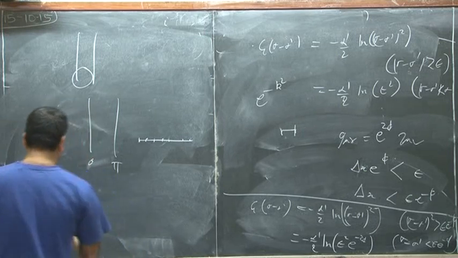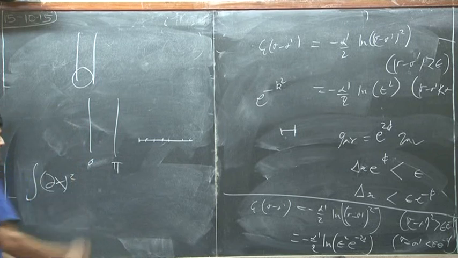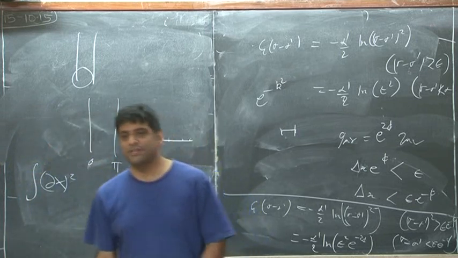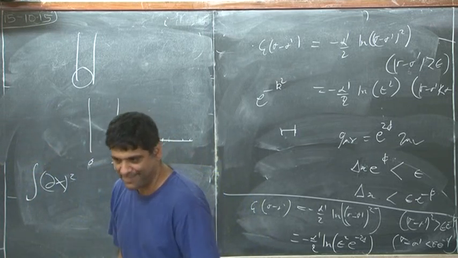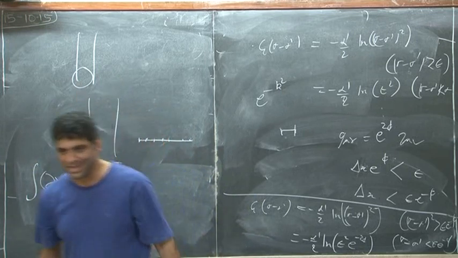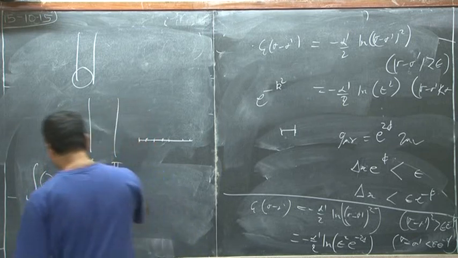That's very easy to do because you see what was our action? Our action was this, and in order to get the equation of motion, we needed to integrate by parts. We've got a boundary in the sigma direction, so it's the sigma integration by parts that's of interest.